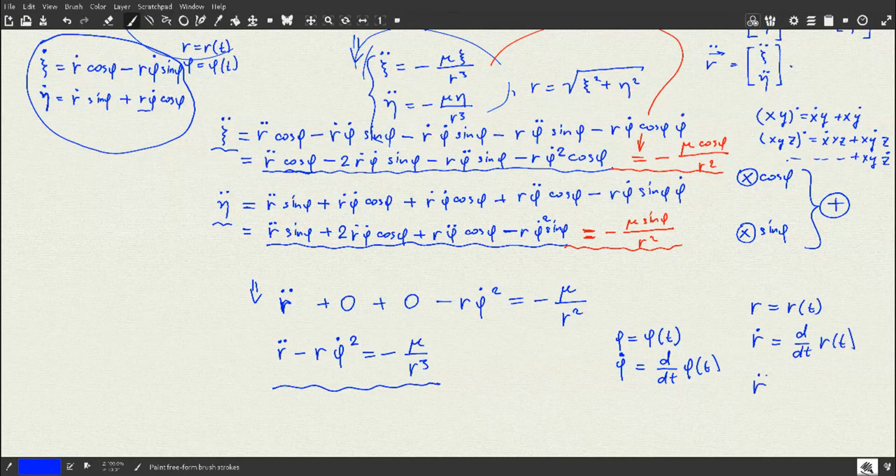And r double dot is the second derivative of r of t over t. We don't know it yet, but what we do know is that when they become known, and eventually they will become known, then they will be connected by this equation.